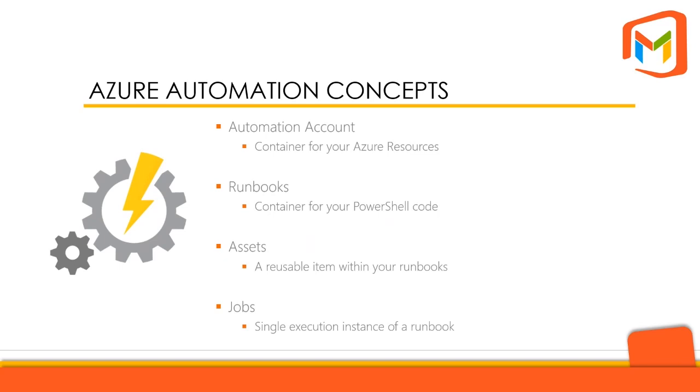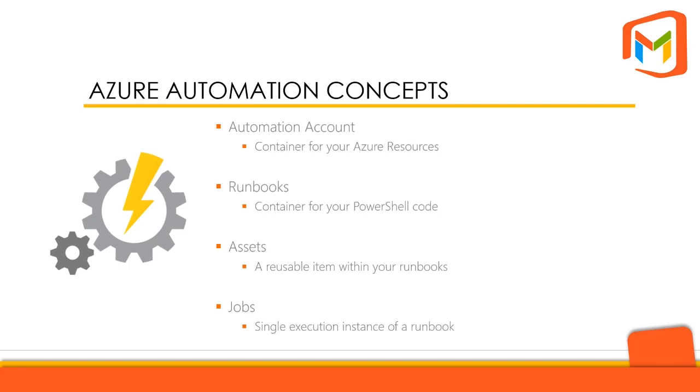The last important concept is the job. When a runbook is executed, a job is created, and this is the job that runs and executes your PowerShell code. The job represents an instance of your runbook, and you can see a job as a snapshot of your runbook with all the needed assets and the schedule configuration.